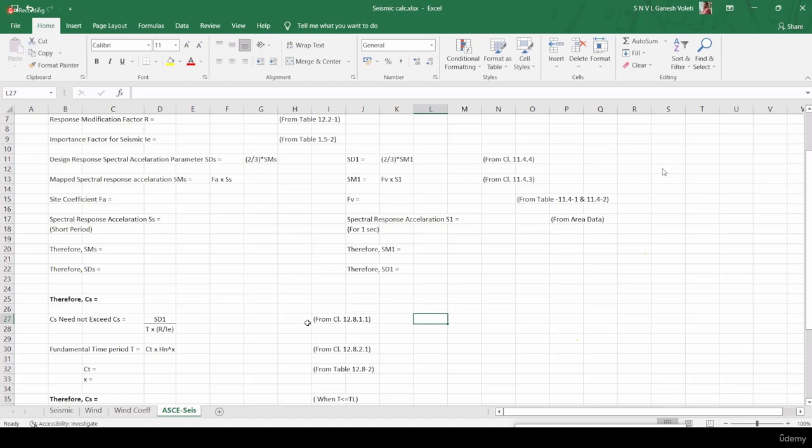Why I am asking, in most of the structures made in South India, especially in Hyderabad and Bangalore, where I work, they are asking for this AISC code only, sir. That is completely the customer's wish. We have to agree with that. We have to satisfy the customer. What the customer tells, we have to follow.